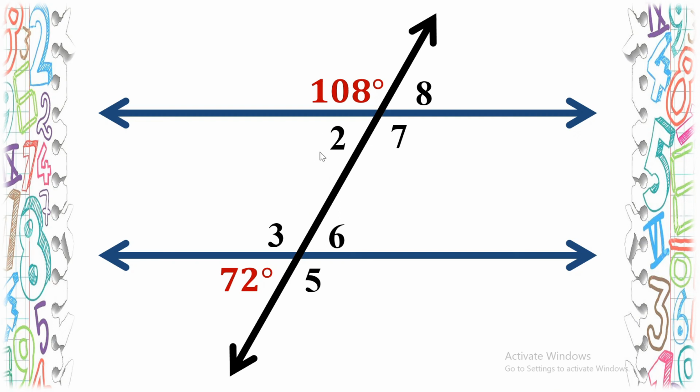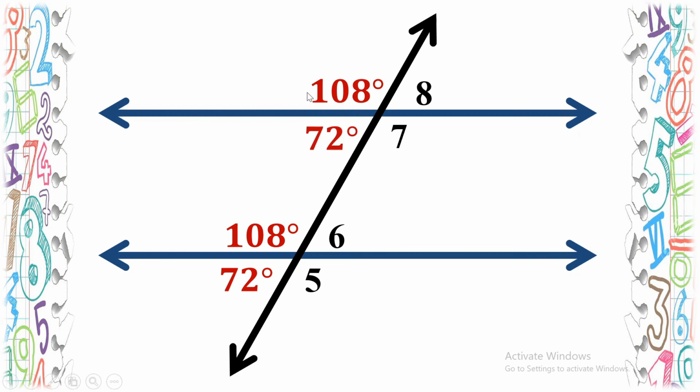That means they have the same measurement. So angle 3 also measures 108 degrees. Now, since angle 2 and this angle measuring 72 degrees are corresponding angles, then angle 2 also measures 72 degrees.